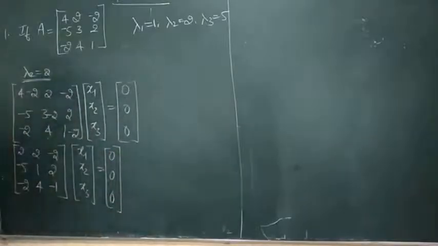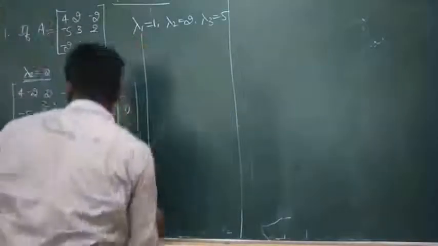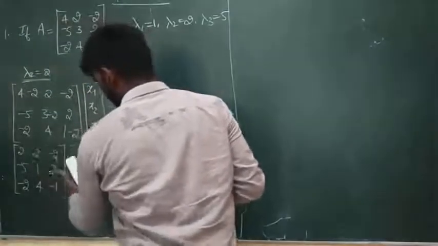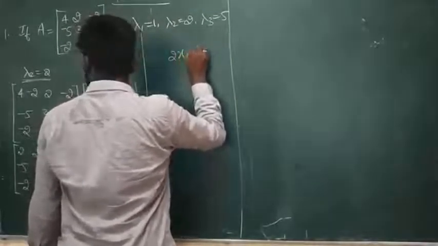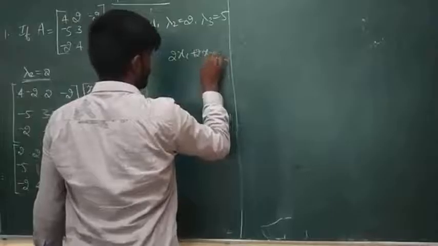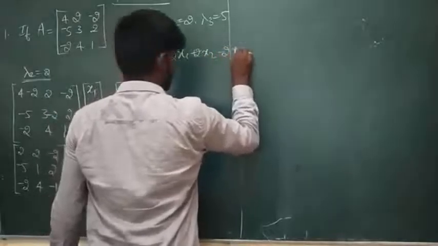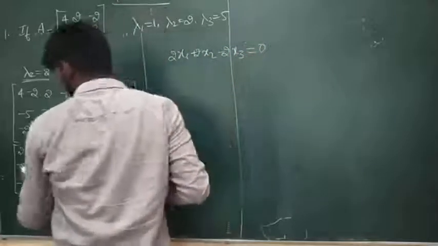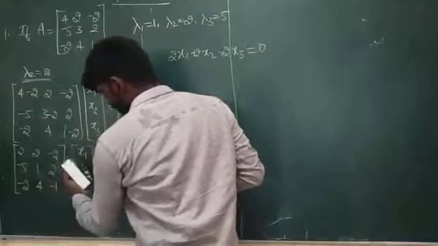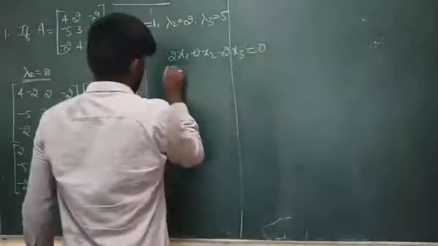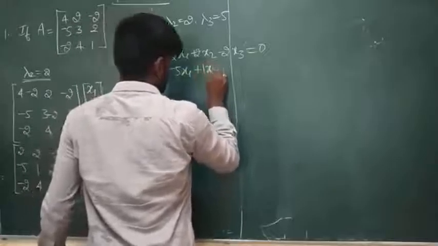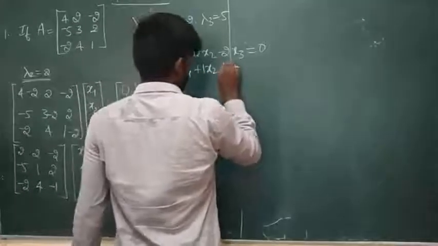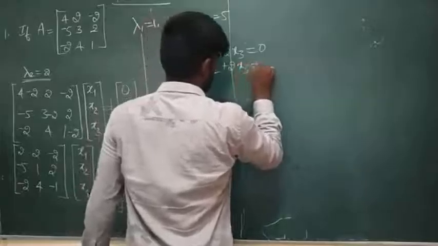Okay? Therefore, by multiplying this, we get 2 into x1, 2 into x2, minus 2 into x3: 2x1 plus 2x2 minus 2x3 is equal to 0. And minus 5 into x1, 1 into x2, 2 into x3: minus 5x1 plus x2 plus 2x3 is equal to 0.